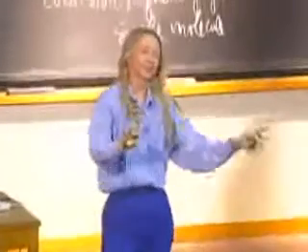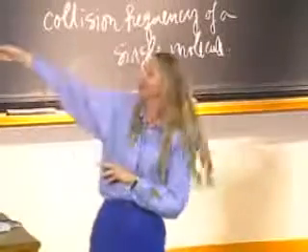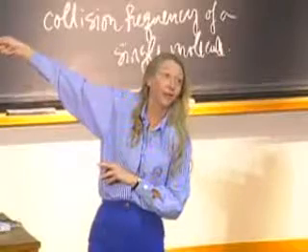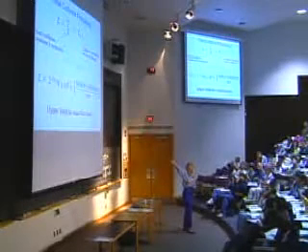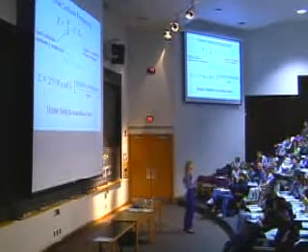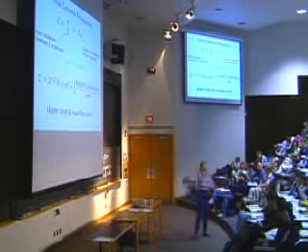So this is easy. You do just have to understand this is the total number of molecules in the gas. This is the density of the gas in molecules per cubic meter, the diameter of the molecule, the average speed. All right, that was just a helpful hint.